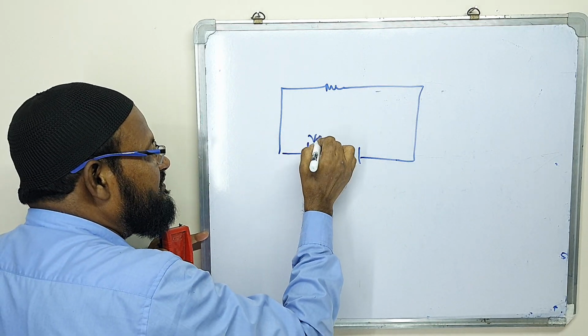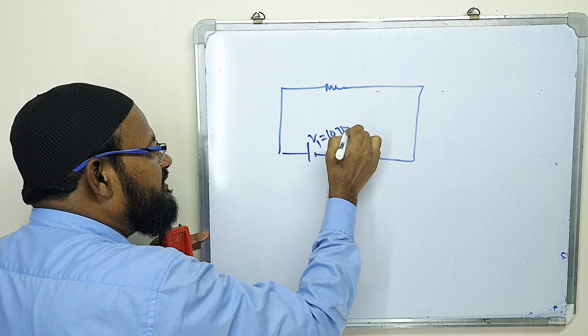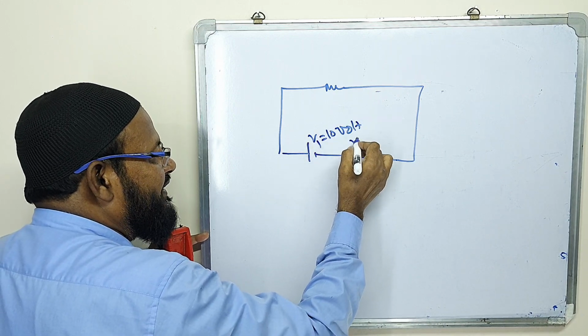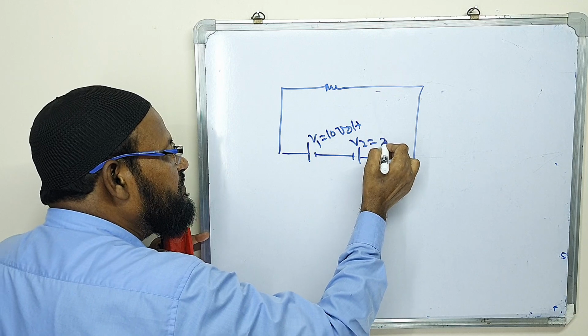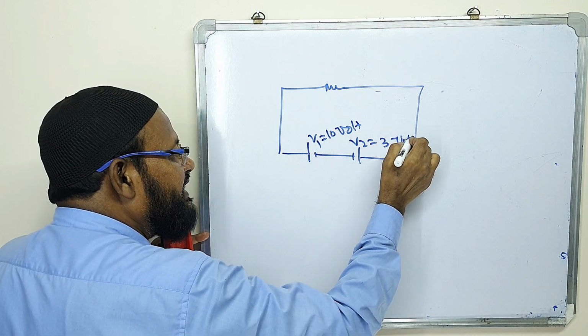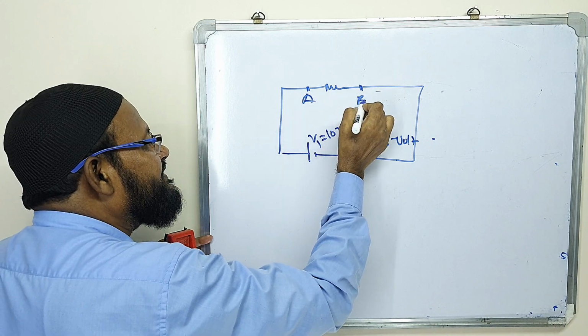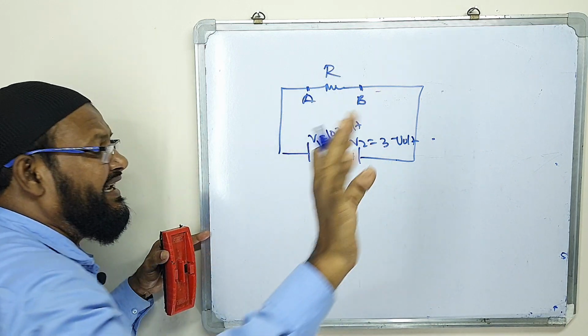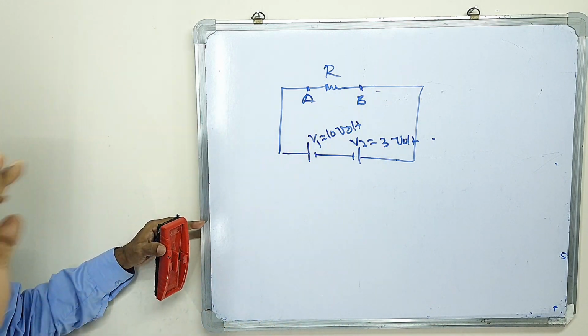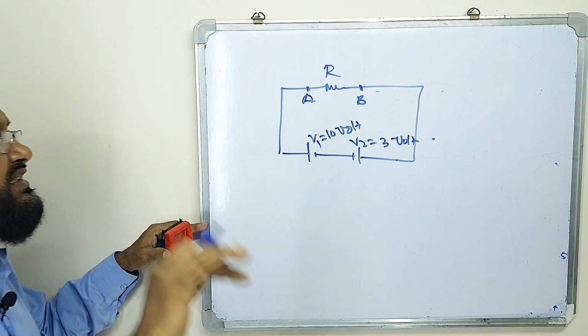Suppose here V1 equal to 10 volt and here V2 equal to 3 volt. This is A and this is B, this is R. In this case, the value of R is not given.